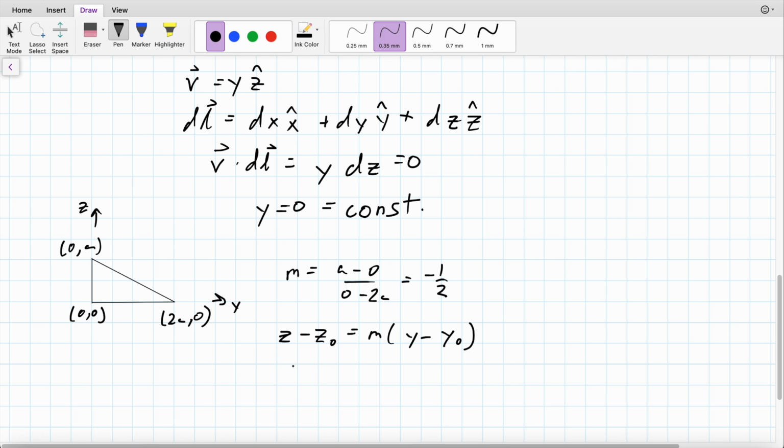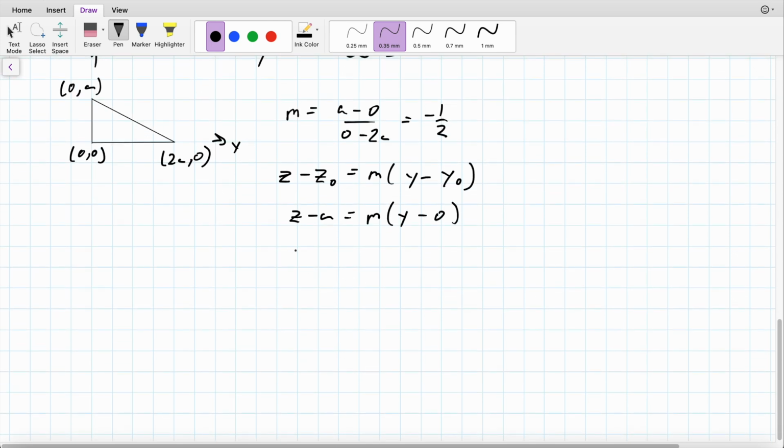When z is equal to a, y naught is 0, y minus 0, z minus a equal to my, where m is negative 1/2. So y is equal to, moving the 2 over, minus 2 times z minus a.